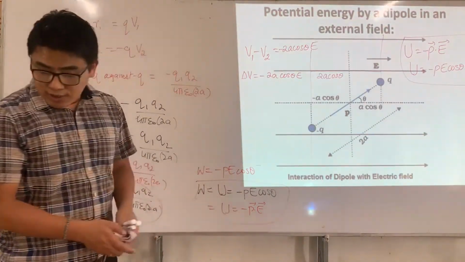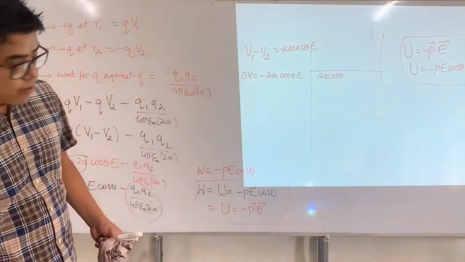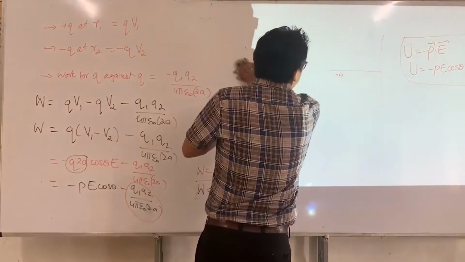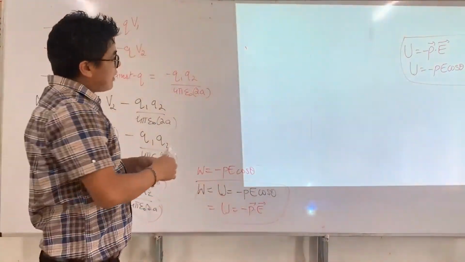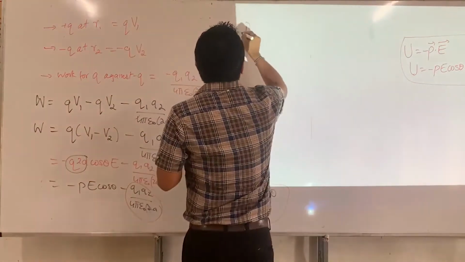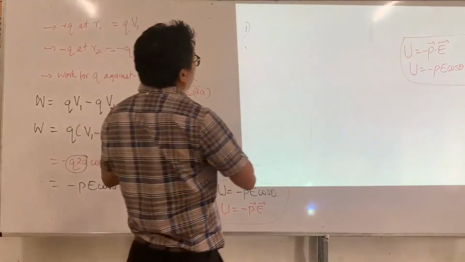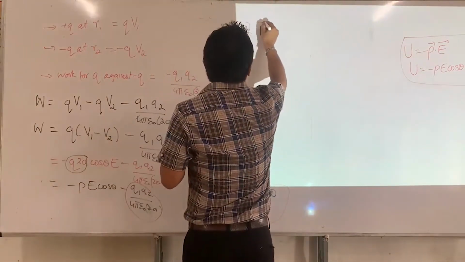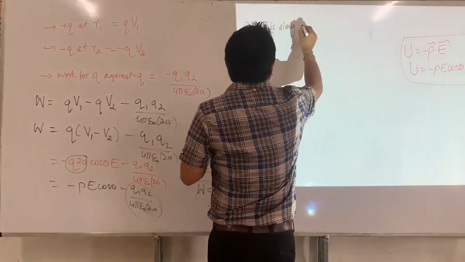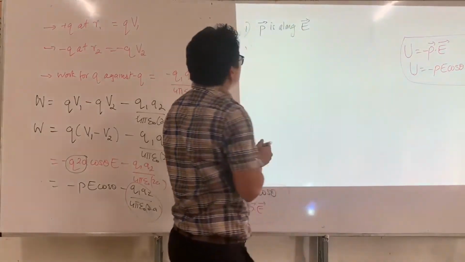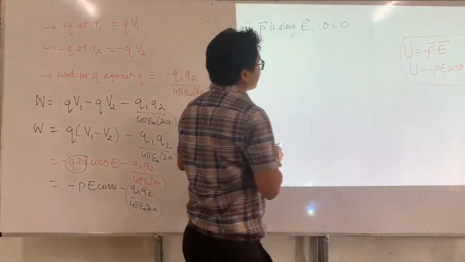Now what I'm going to do is a few cases, if I keep a dipole in an electric field. Case number one: if the dipole moment is along the electric field, that is theta is equal to 0.